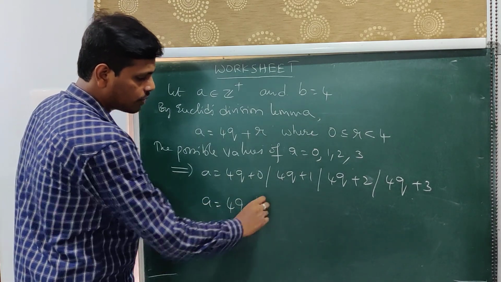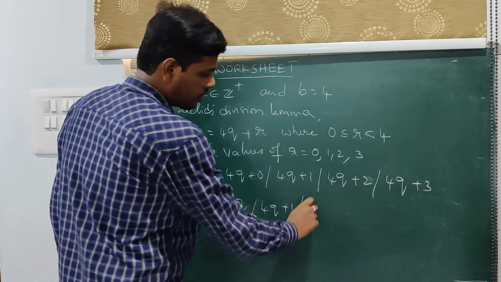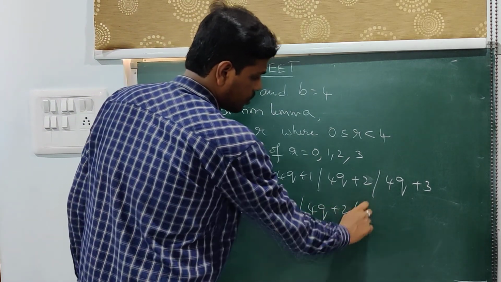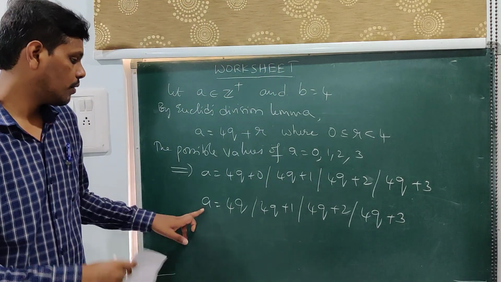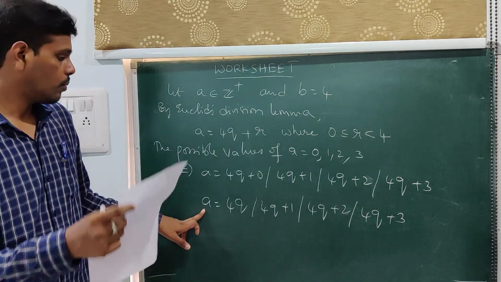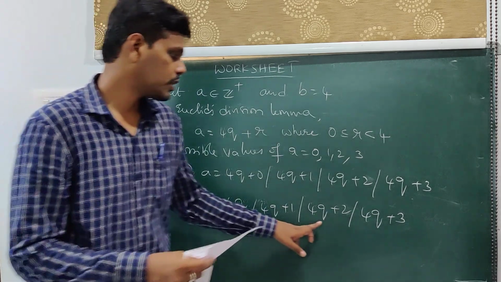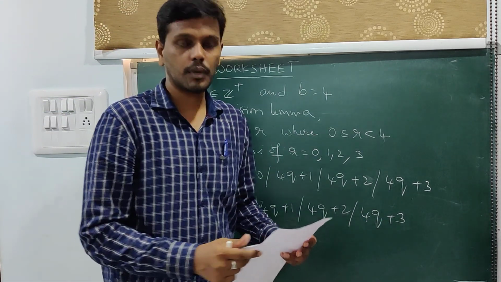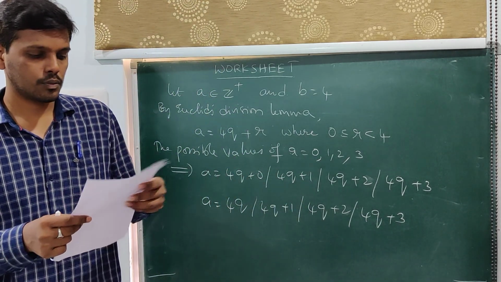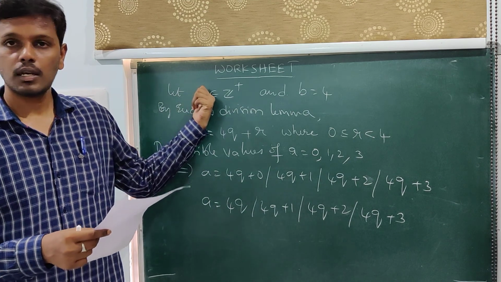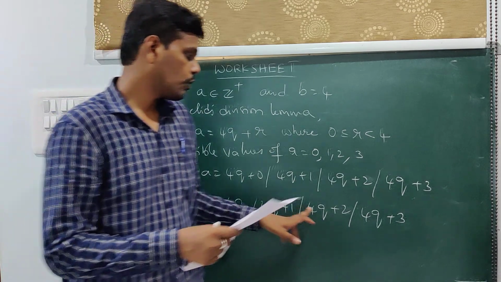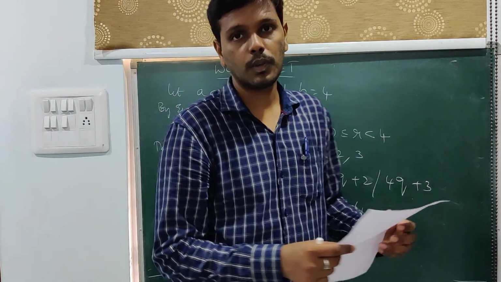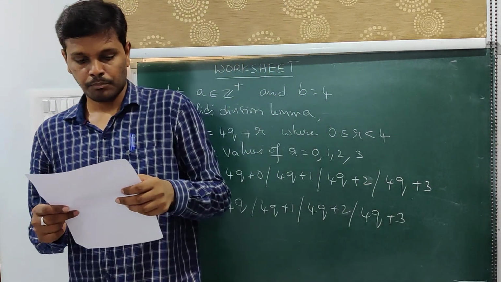So a is equal to 4q or 4q plus 1 or 4q plus 2 or 4q plus 3. So therefore we have come across the form of a as 4q, 4q plus 1, 4q plus 2, 4q plus 3. So that is what we are supposed to prove. We have a positive integer a, and we have proved that the positive integer is of the form 4q, 4q plus 1, 4q plus 2 or 4q plus 3. So that is the requirement there.